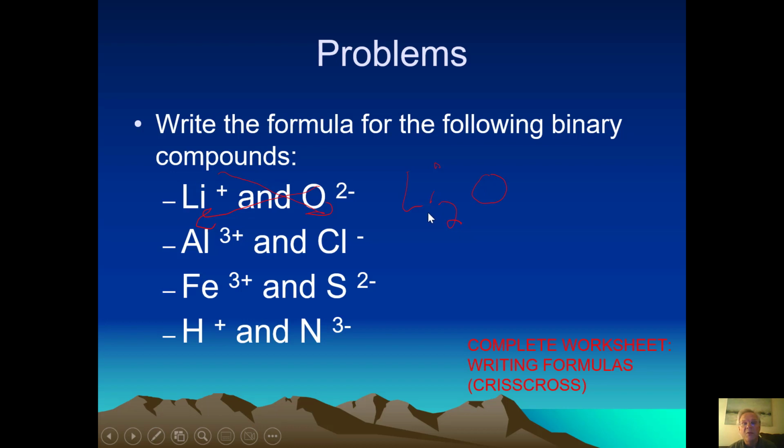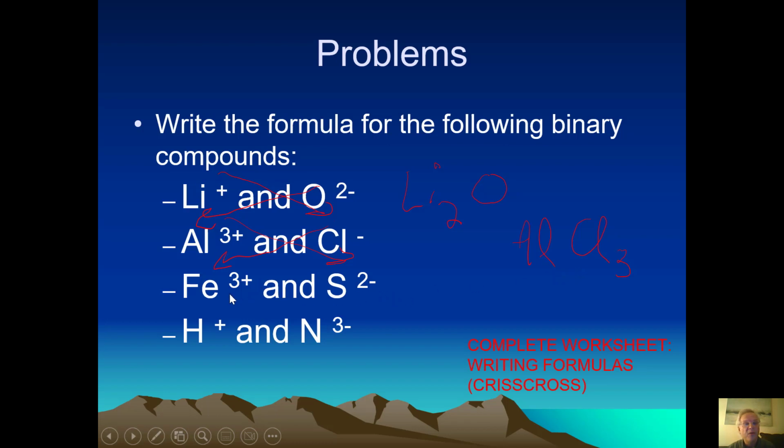So that is the symbol for lithium oxide. For aluminum and chlorine, I bring 3 down here and the -1 down here. So this becomes Al, no need to write a subscript, and Cl3. No sign is needed. So this is aluminum chloride.